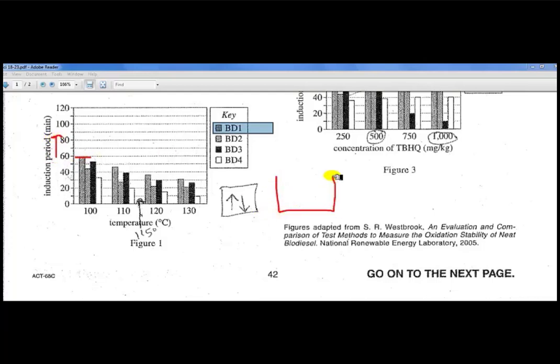Remember, this is an inverse relationship. As we increase the temp, the time goes down, or as we increase the time, the temp goes down. See that? This is where the arrows will come in handy.